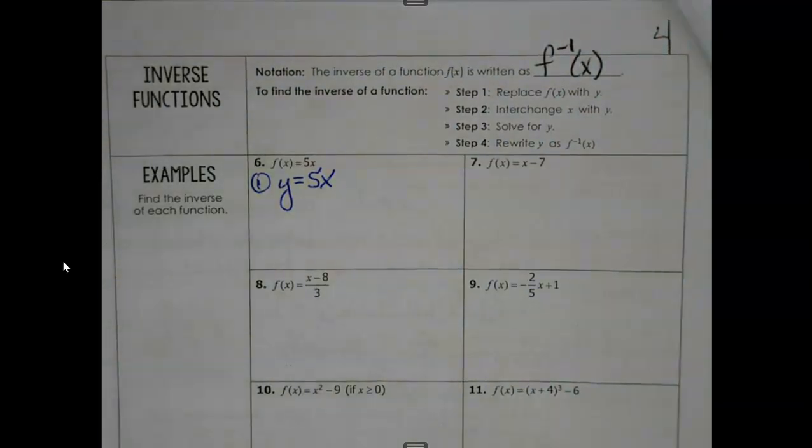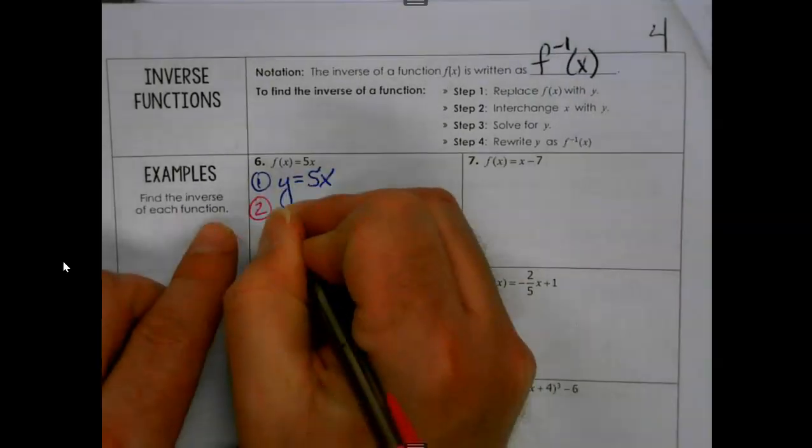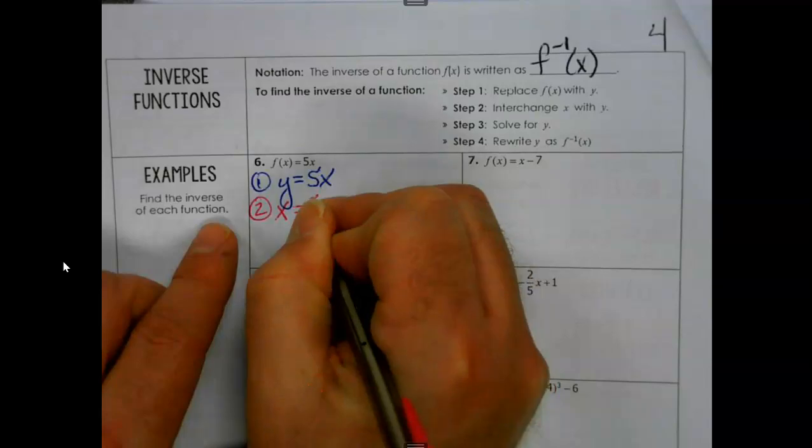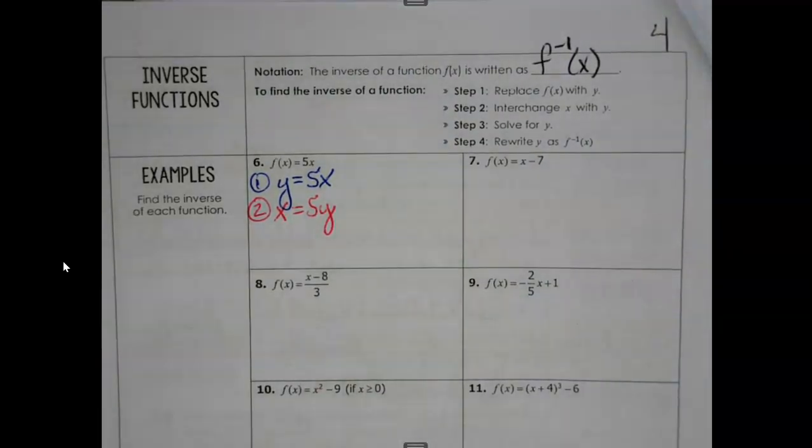Step 2, interchange x with y. All right. So x goes where y does, and y goes where x does. That's all there is to step 2. Solve for y. Make sure it's always y.